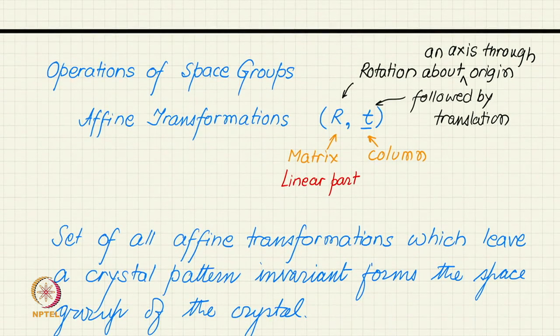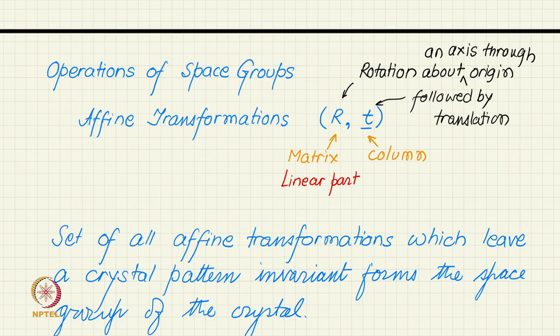Now, the space group is nothing but all possible such combinations which will leave the crystal pattern invariant. So, atoms will move, but each atom will move to some other equivalent position such that the overall appearance of the crystal does not change.